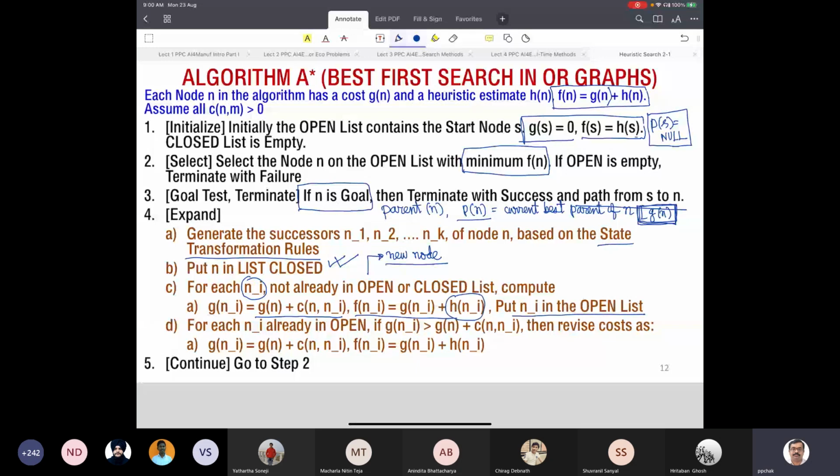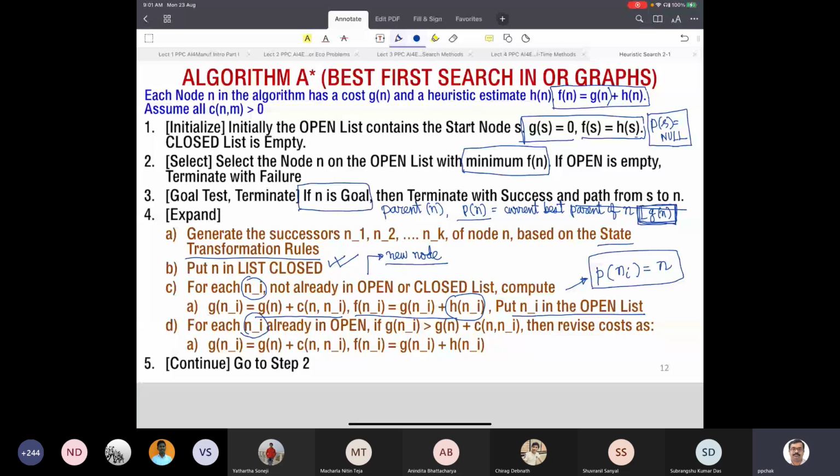And what else will we compute, based on the discussion we just had? A parent. Best parent. Pni will be equal to N. Correct? Yes, sir.